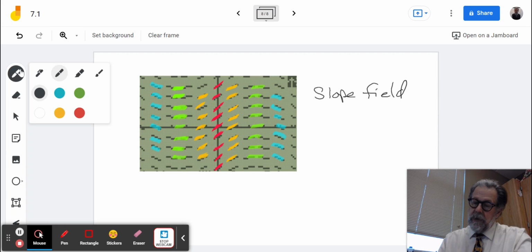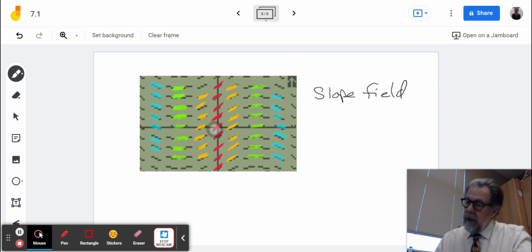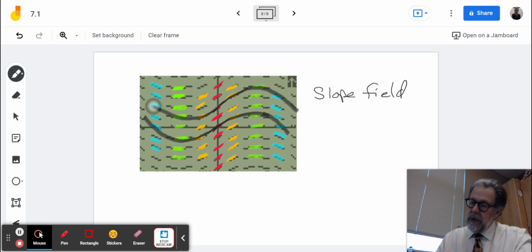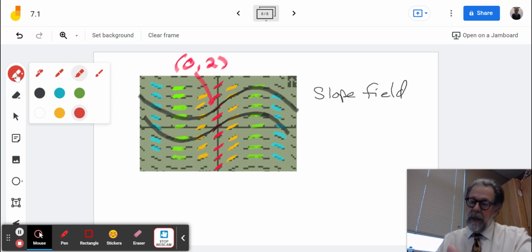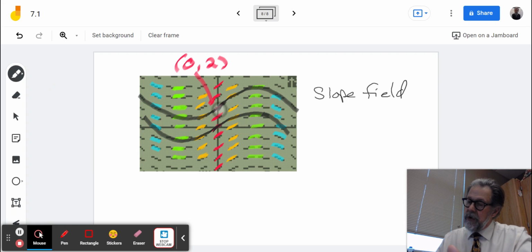We have a possible solution that looks like this. We have a possible solution that looks like this. Given a starting point, let's say we're starting here at 0, 2. If we look at the slope pictures, what we see is that this goes up.